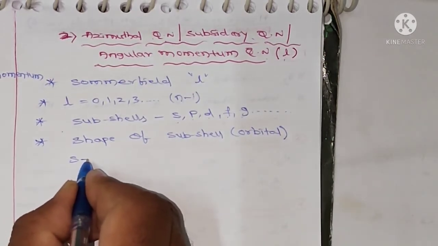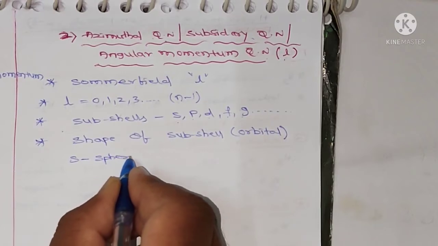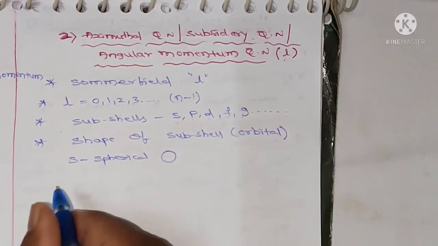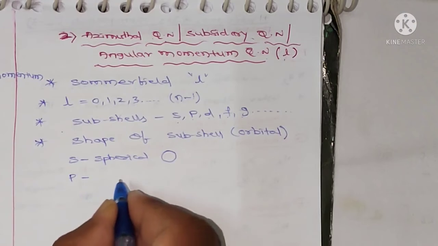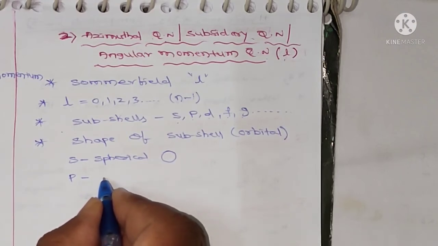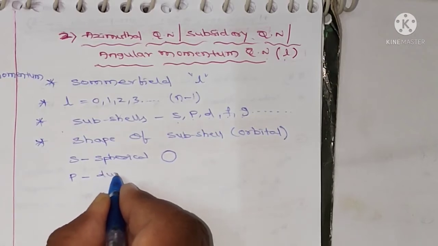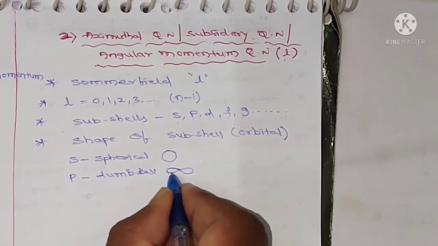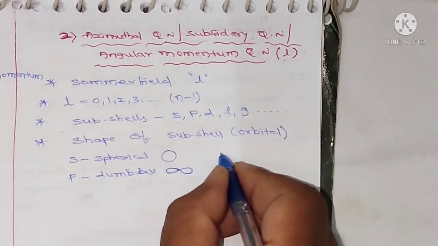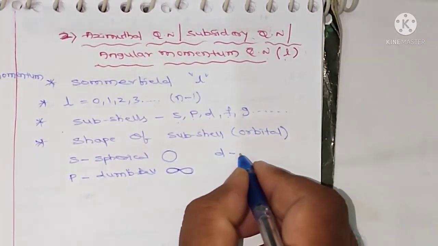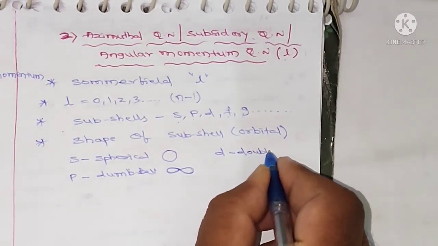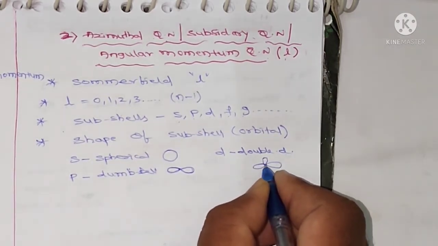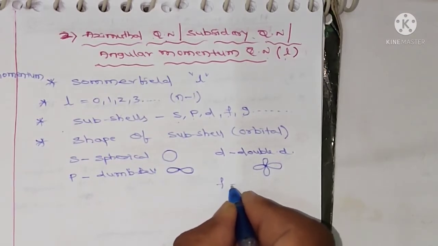The s orbital shape is spherical, the p orbital shape is dumbbell, the d orbital shape is double dumbbell, and the f orbital shape is complex, triple dumbbell: 1, 2, 3.